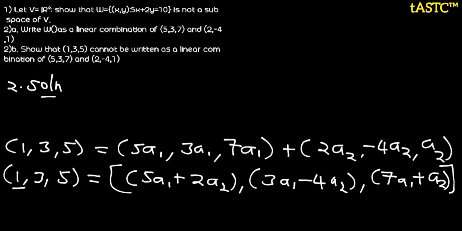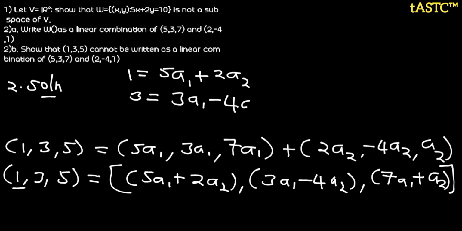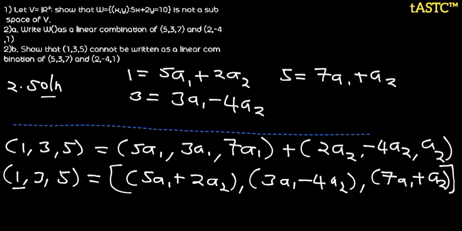And so we have for the first equation, 1 is equal to 5A1 plus 2A2. We have 3 is equal to 3A1 minus 4A2. And the last one, we have a 5, and that is equal to 7A1 plus A2.